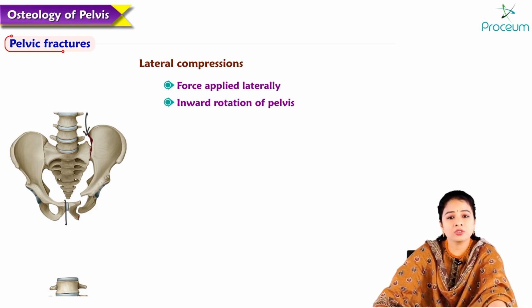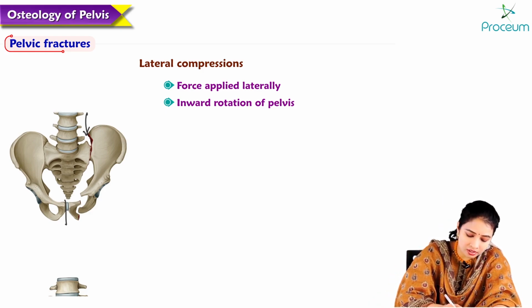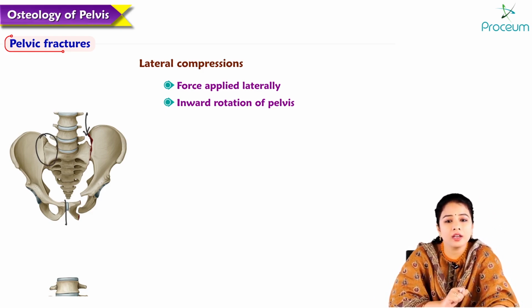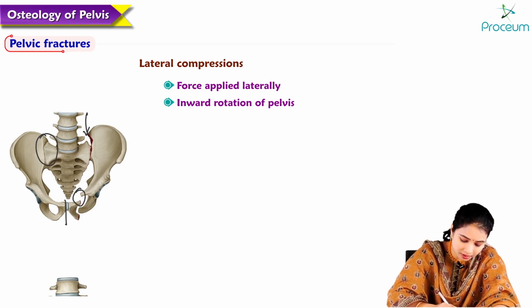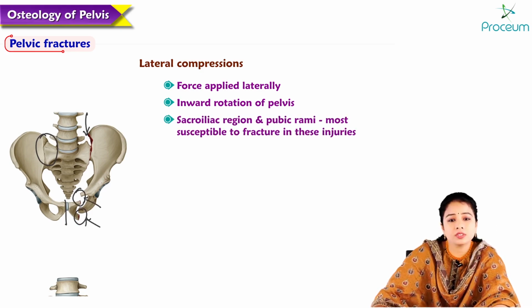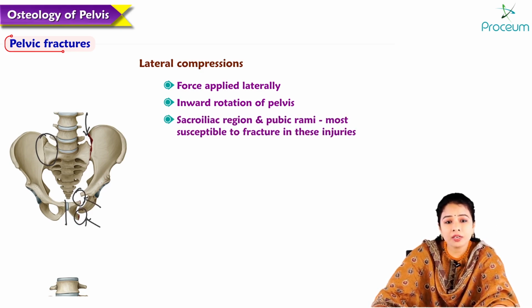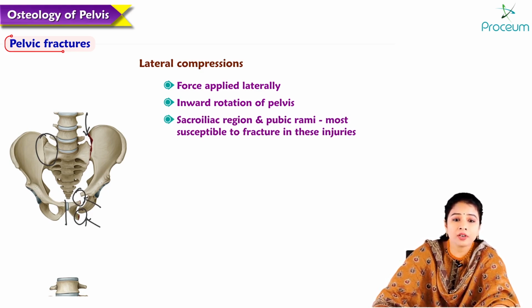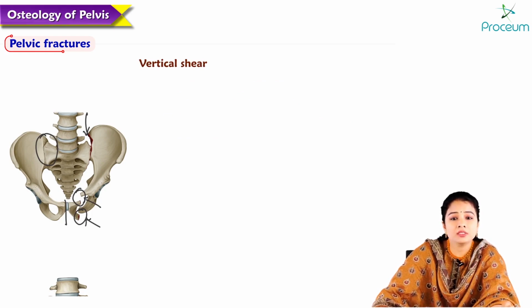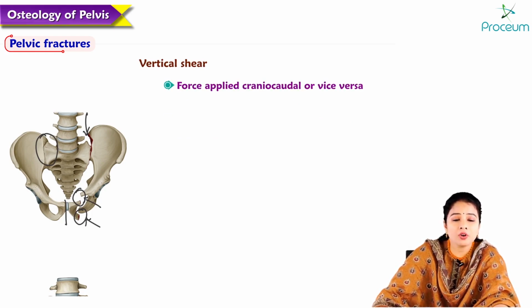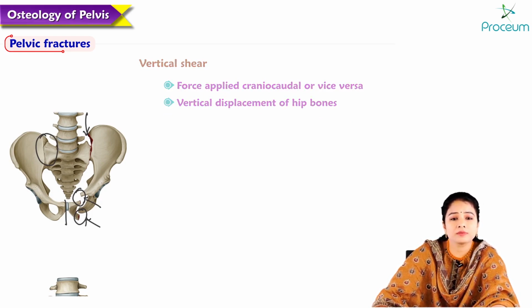So here we can see the pubic rami got fractured. Vertical shear means the force is applied craniocaudally or vice versa, resulting in vertical displacement of hip bones.